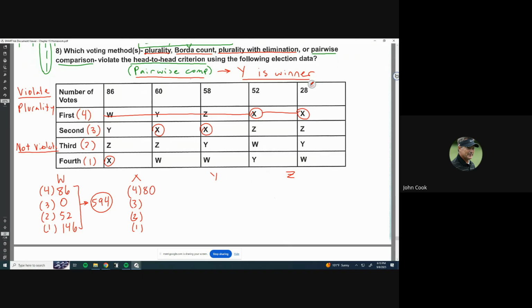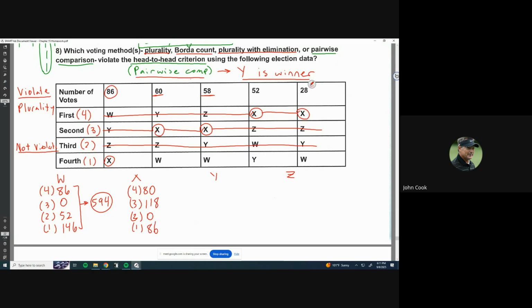All right, second place votes, looks like it's going to go here and here, so that's 60 and 58. That's it. So 60 and 58 added together is 118. Then third place votes, nothing for X, so 0 there. Then fourth place votes, it's just this one, 86. So 86 is the only one there.